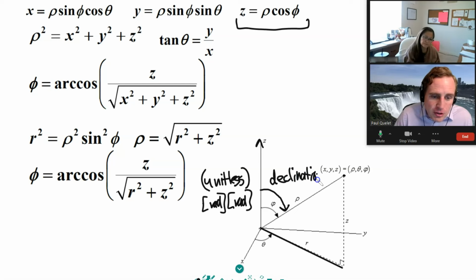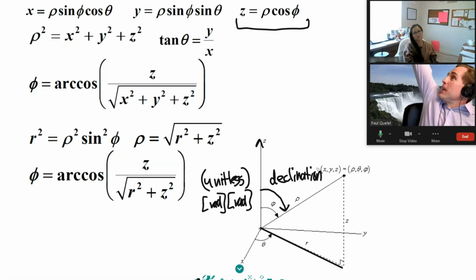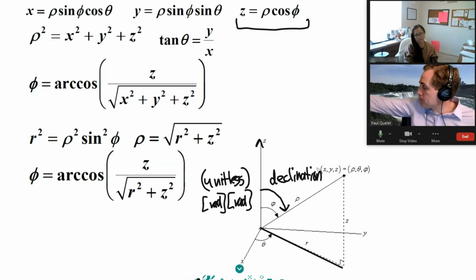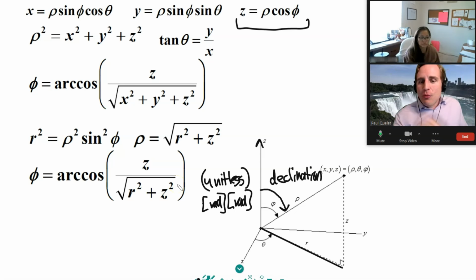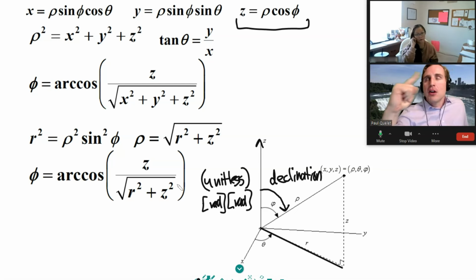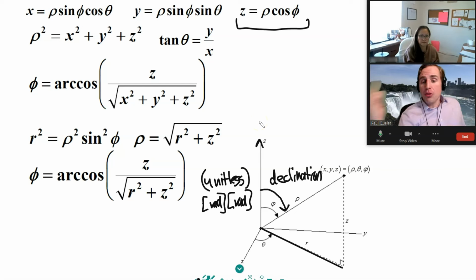So declination means how far down of an angle below straight up. It should make sense: a cone surface is defined by sweeping around the azimuthal angle, that's theta, but the declination angle stays constant.